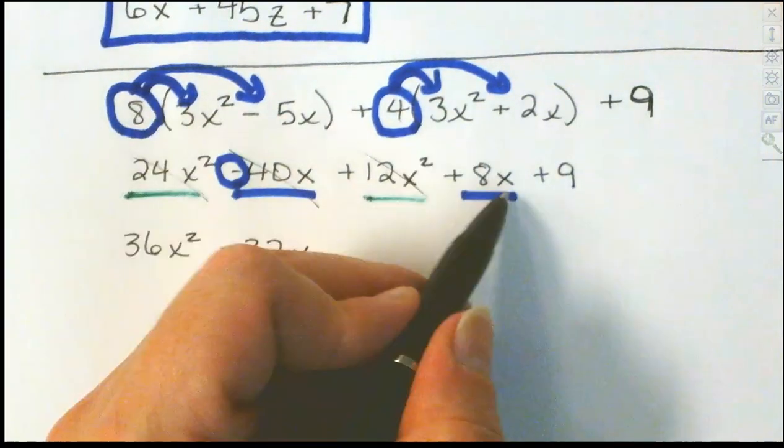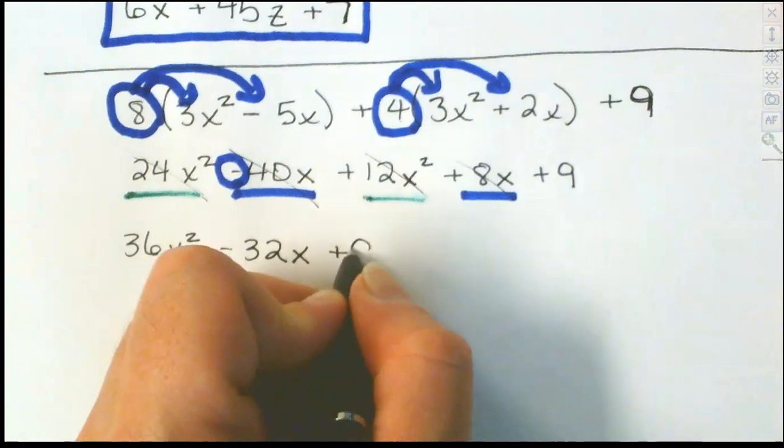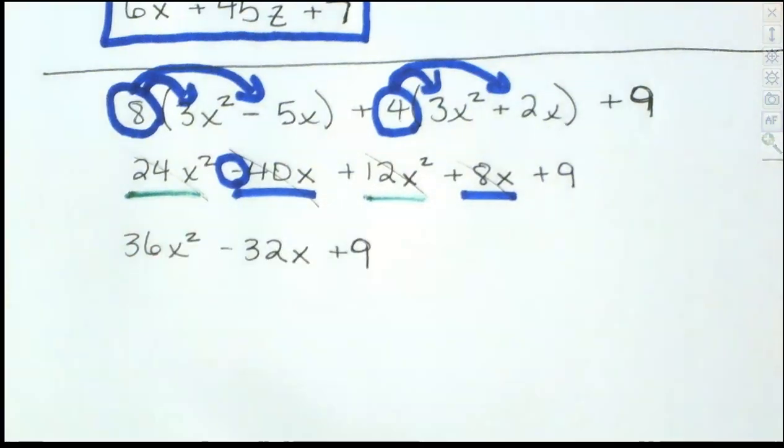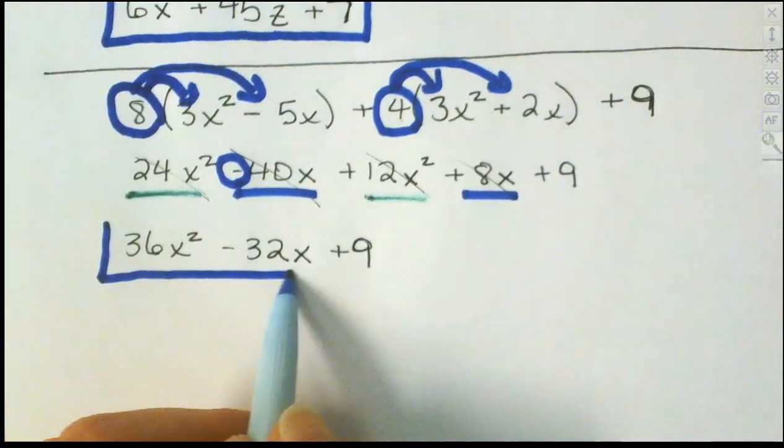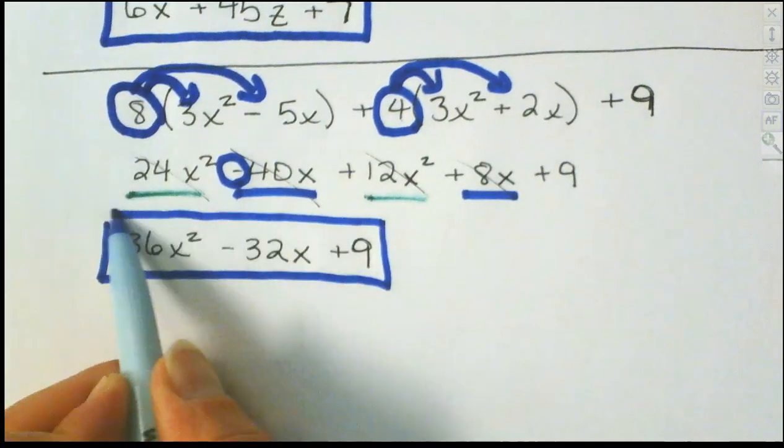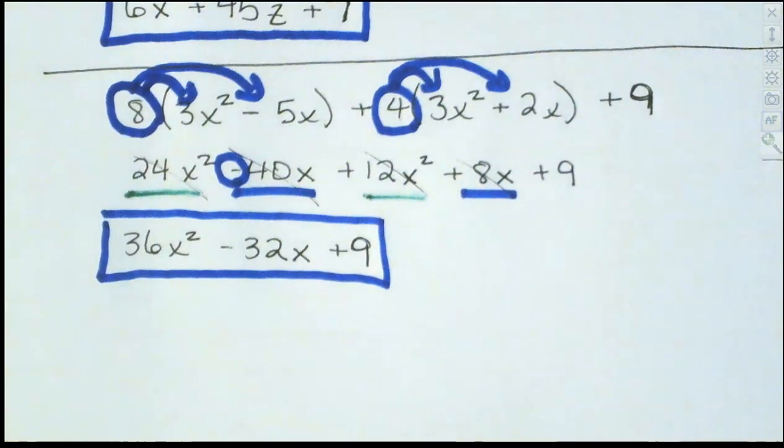Gone and gone. And then we have the 9 that's all by itself, so it just comes down. And that would be your final answer on that. So using our distributive property here, and then combining like terms together.